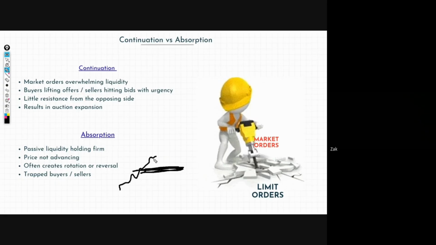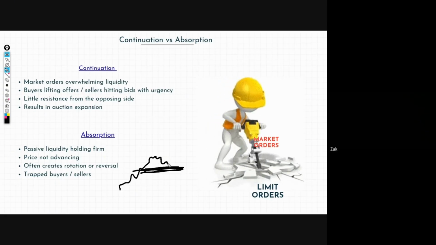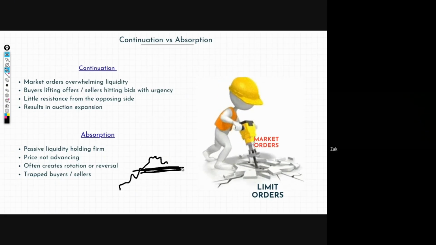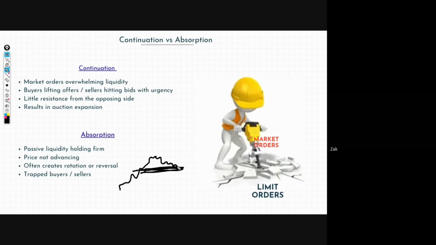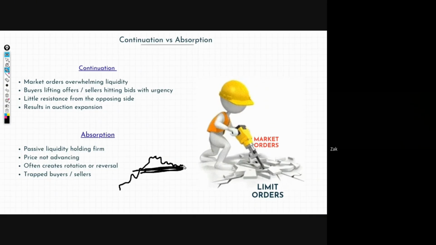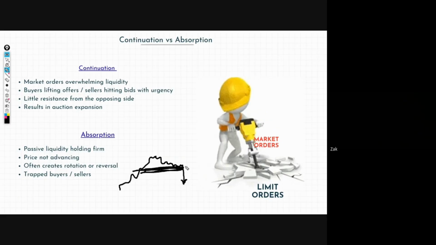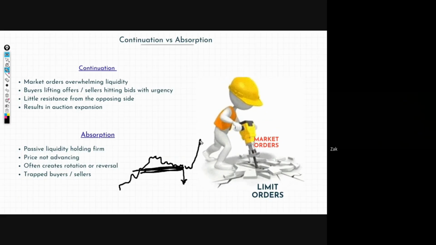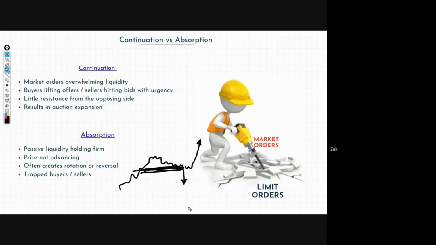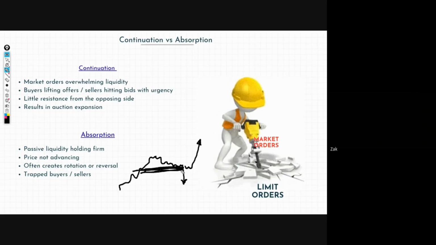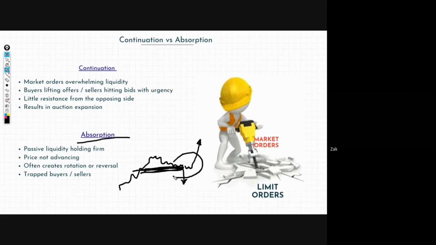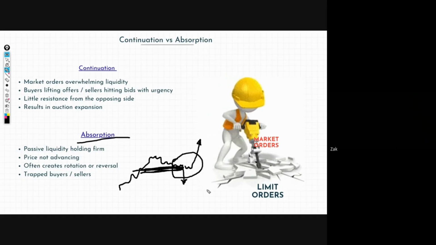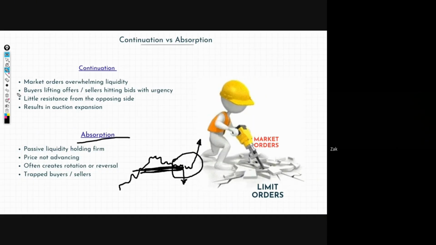You're trying to see if the jackhammer has enough power to break that concrete. If it does, then you're going to tank. If it doesn't, then you're going to reverse back up. That's the job of what a footprint at an absorption phase does for you. It helps you highlight this information and get an internal view of what's going on.